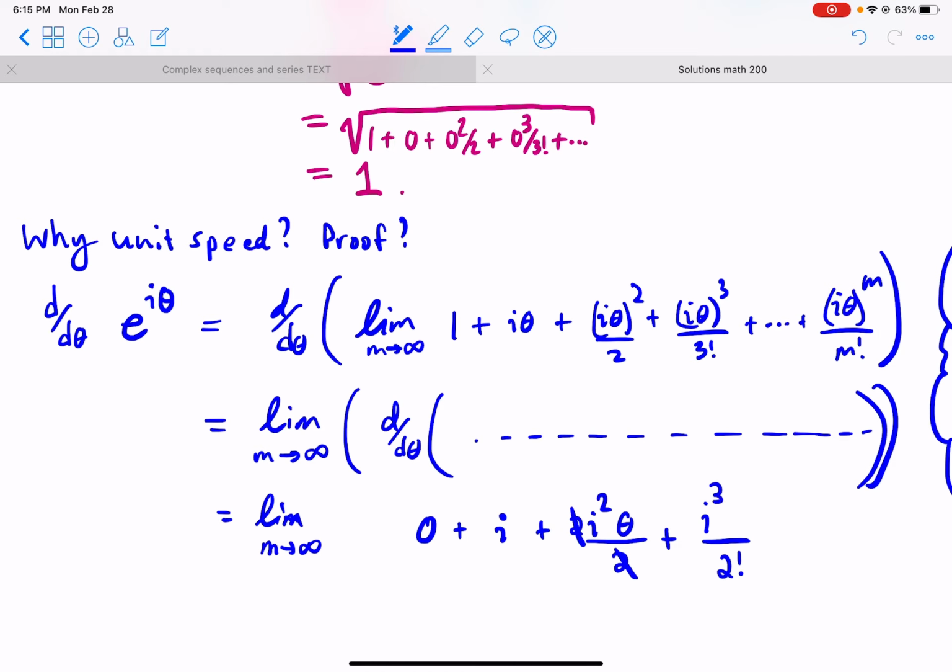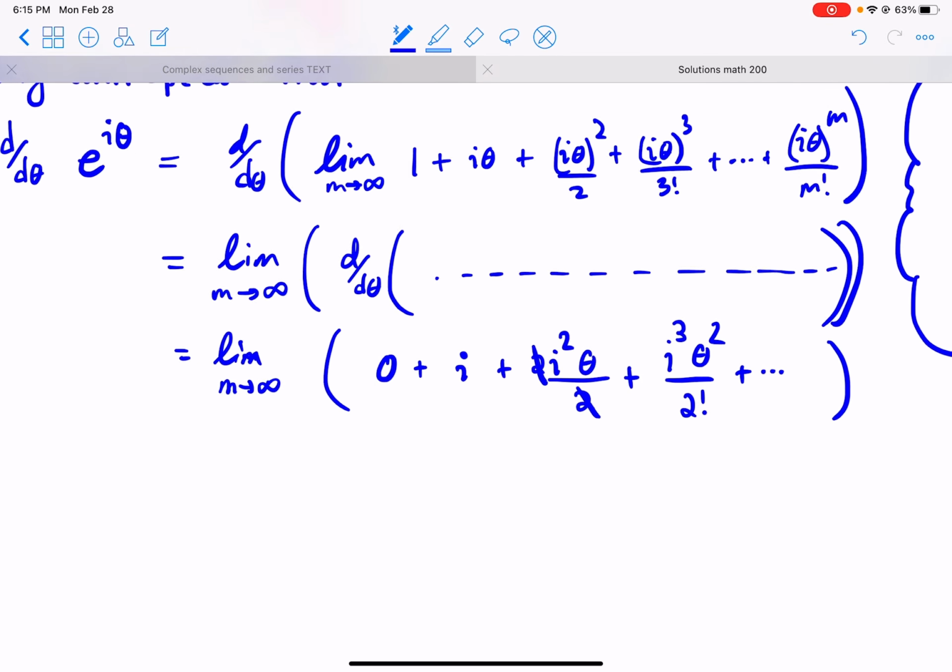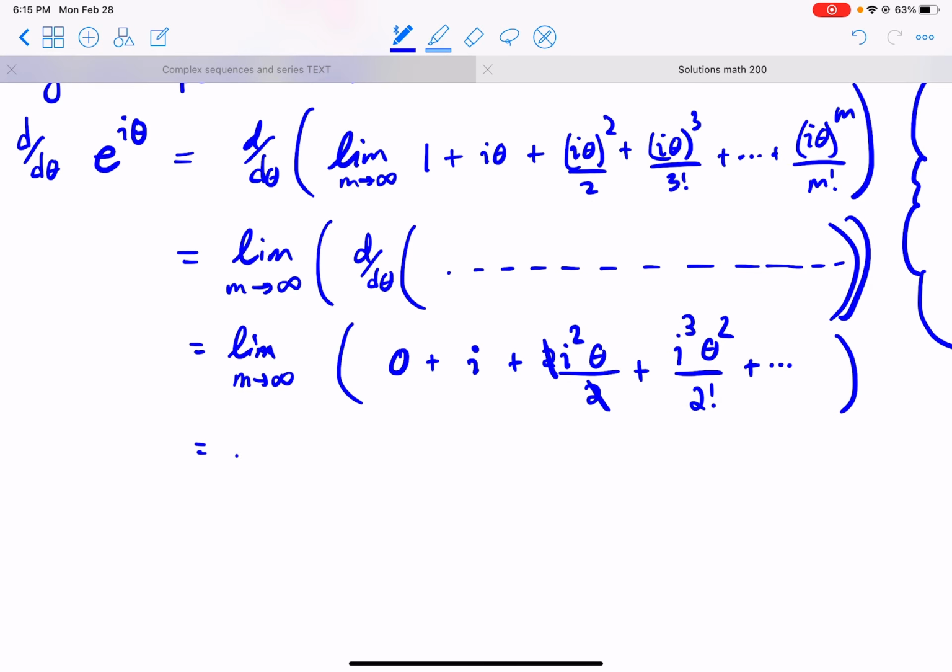We still have 3 i's and a theta squared. Theta to the third becomes 3 theta squared. The rest hangs out and cancels. And so on, to the mth term. And what do we get? Well, the limit as m goes to infinity. Let's pull out an i.